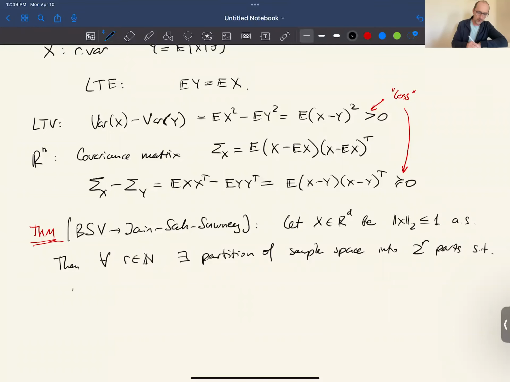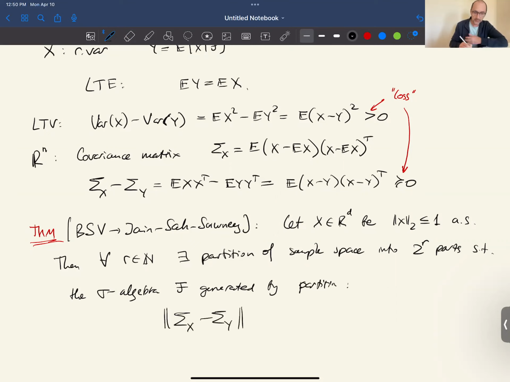such that the sigma algebra generated by this partition is good. This partition has a small covariance loss, Sigma_X minus Sigma_Y, in the Frobenius norm. Remember, these are matrices.